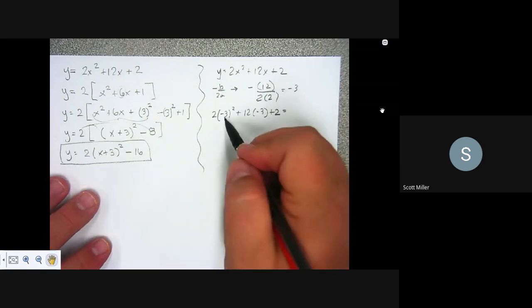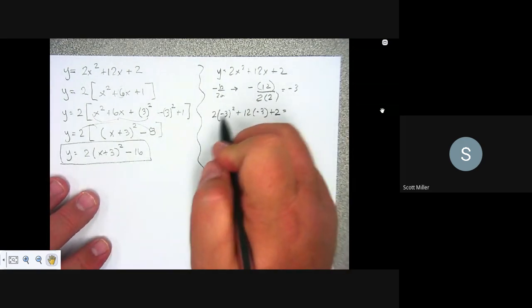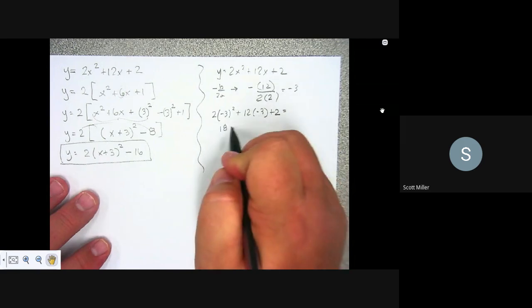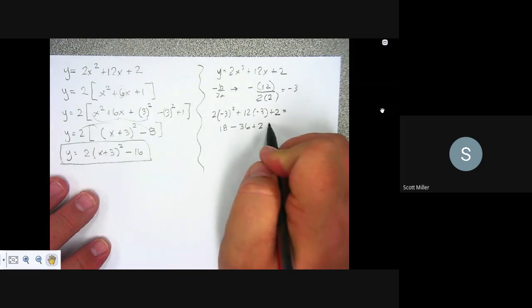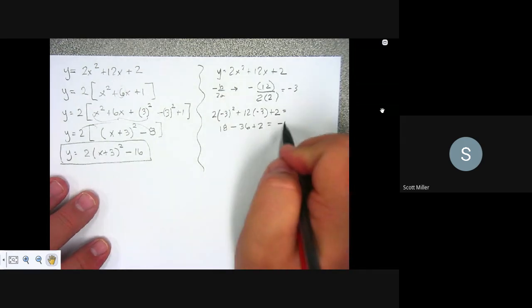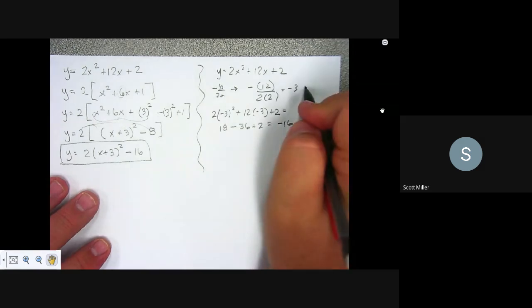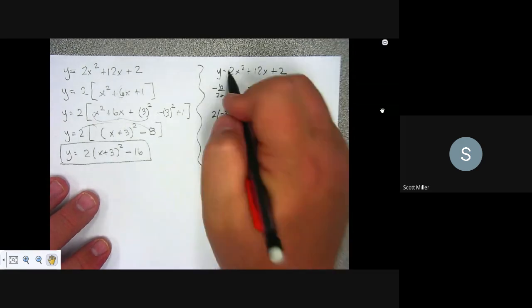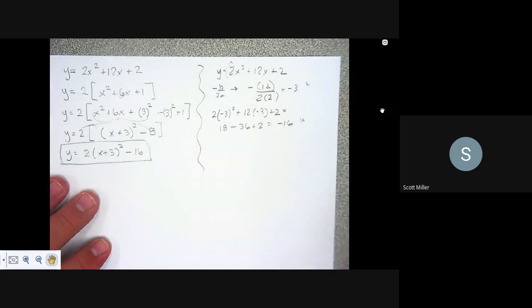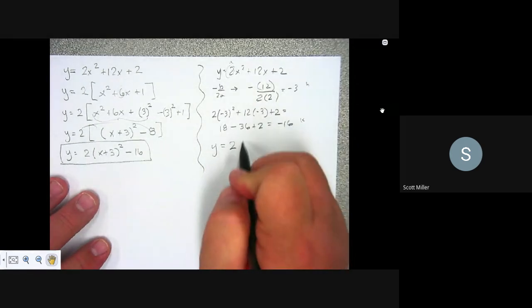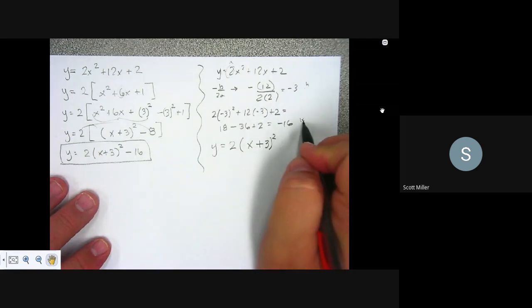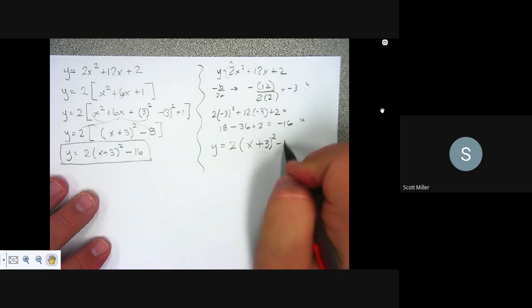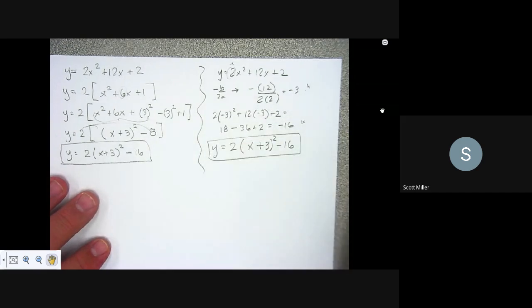So plugging this in here, this is going to give me 18 minus 36 plus 2. So this is 20 minus 36, or negative 16. So this here is the h, this is the k, and that is a. So my answer is y equals a times x minus h, so x minus a negative 3, squared, and then plus k. k is a negative 16, minus 16, and there you go.